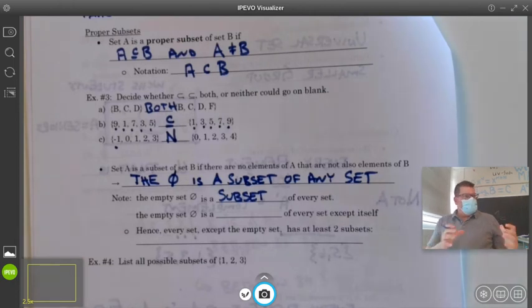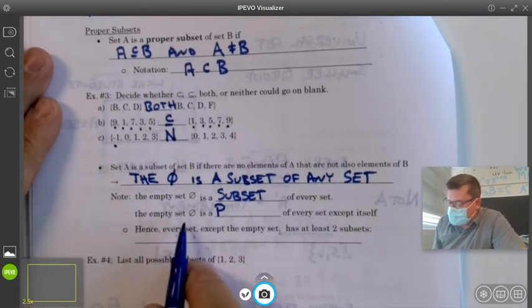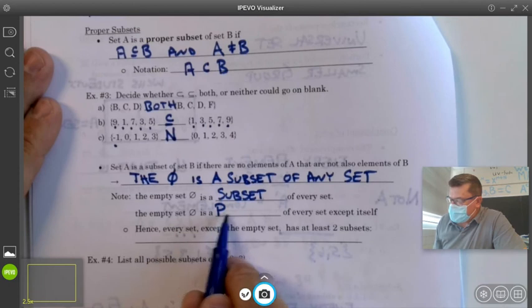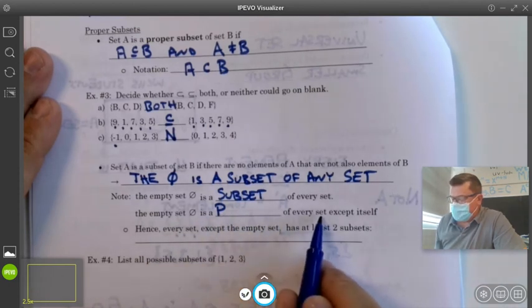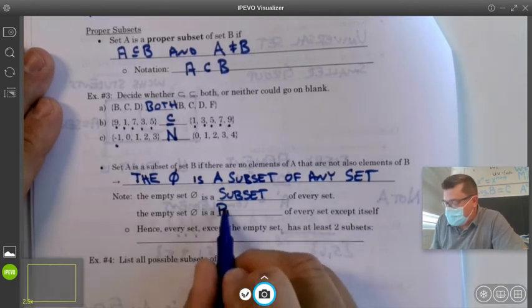When we compare the empty set to itself, it can't be proper anymore because it's itself. So the empty set is a proper subset of every other set, except it can't be a proper subset of itself.